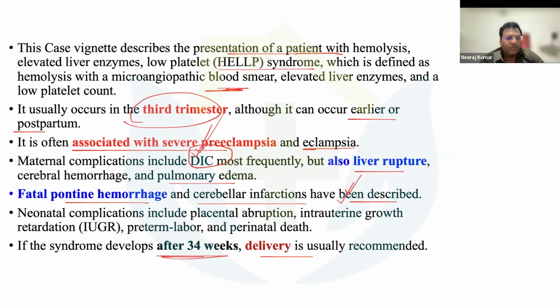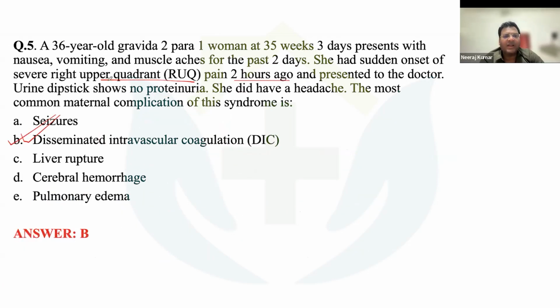Good. So here, the patient will have a sudden onset of right upper quadrant pain, presented to the doctor, urine dipstick shows no proteinuria, and the patient will have a severe headache. So here they are talking about the DIC that may have happened due to severe preeclampsia. Okay.